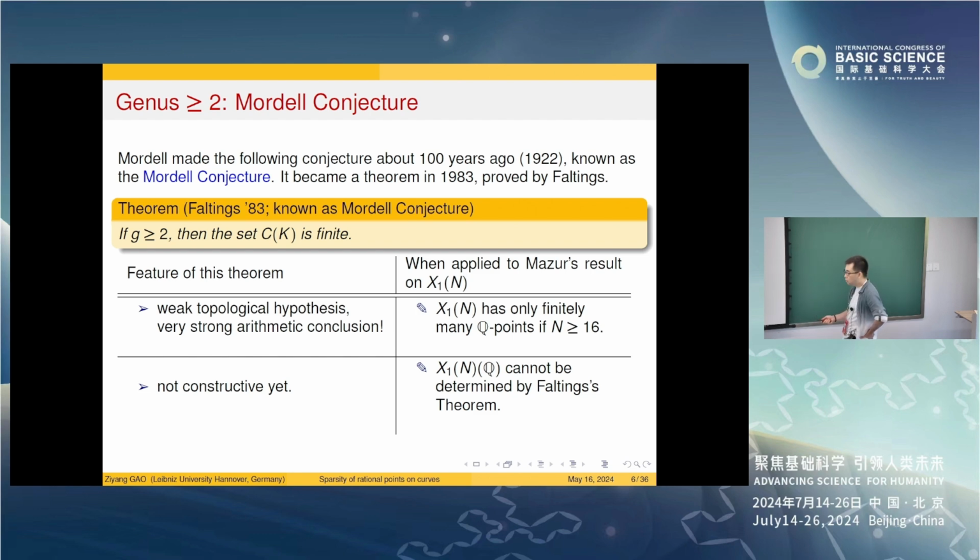For Mazur's result, Mazur really needs that X_1(n)(Q) is just the set of rational cusps. So he really needs to completely determine this set. Well, Faltings' theorem or its proofs cannot. So this is Faltings' theorem applied to Mazur's result. On the one hand, it is satisfactory. On the other hand, it cannot fully recover Mazur's result.